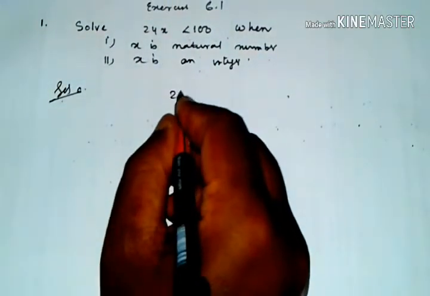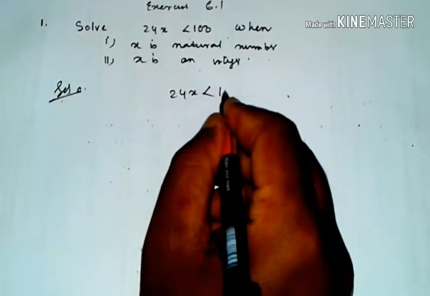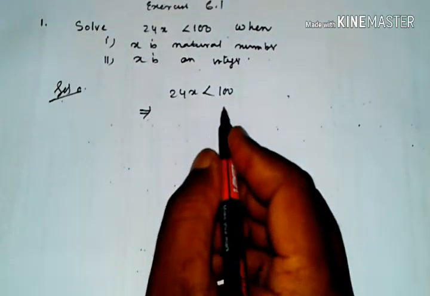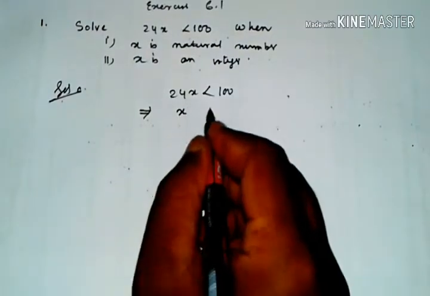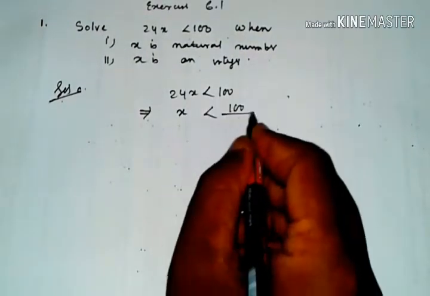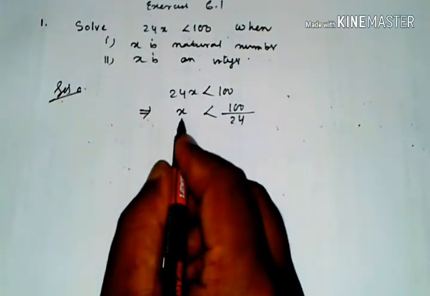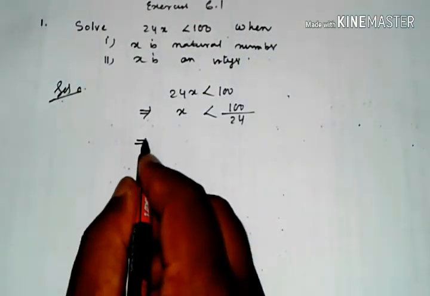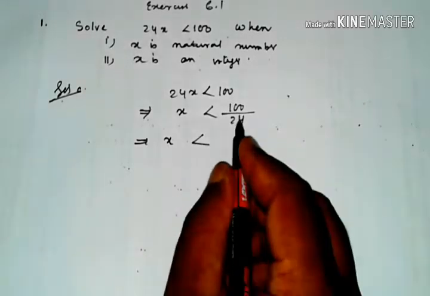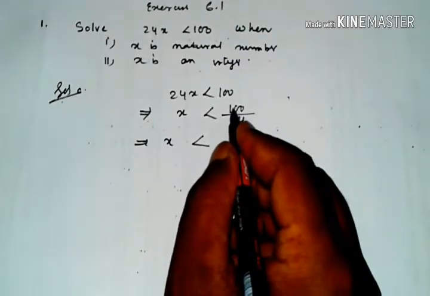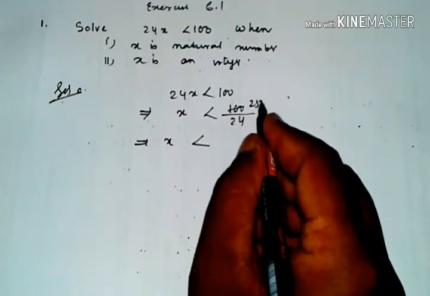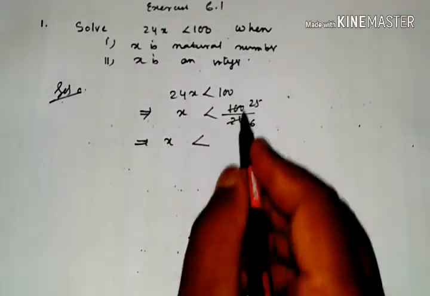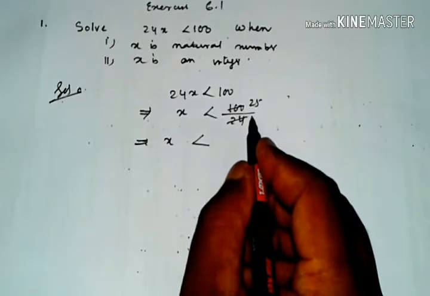24x less than 100. We can solve it like an equality. That is, dividing both sides by 24, x less than 100 by 24, that is 25 by 6 if we divide numerator and denominator by 4.